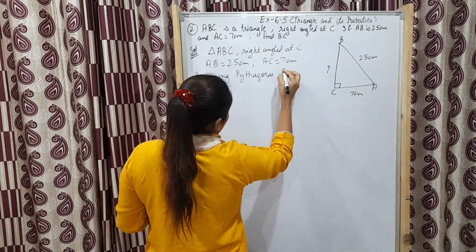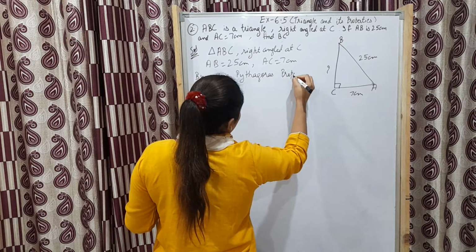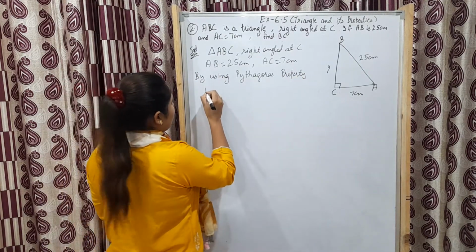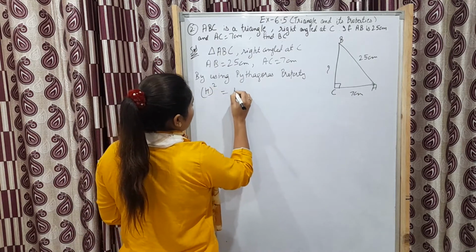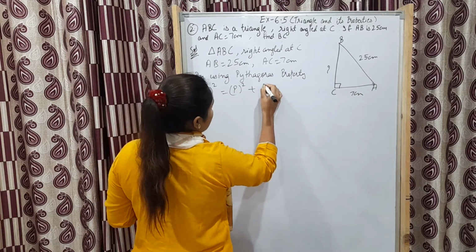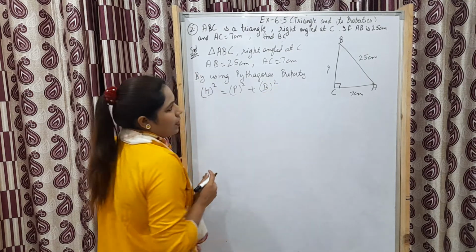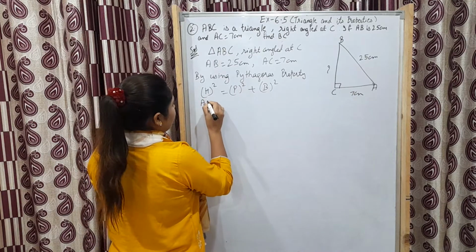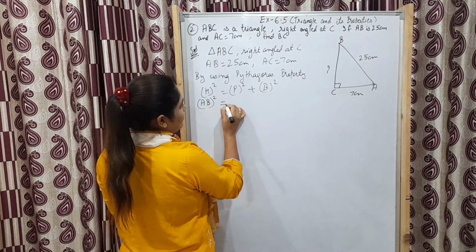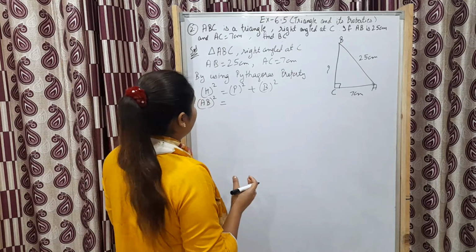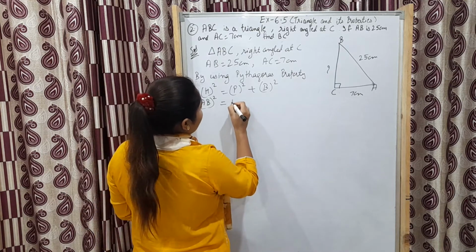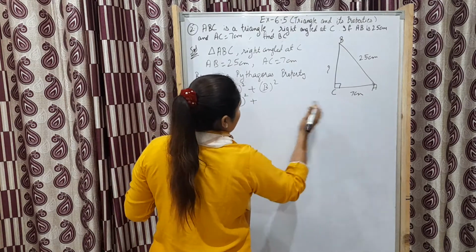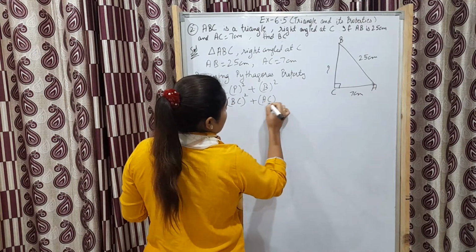In Pythagoras property, hypotenuse square is equal to perpendicular square plus base square. Now hypotenuse is AB, or you can directly put the value. Perpendicular is not given to us, that is BC, and base is AC.